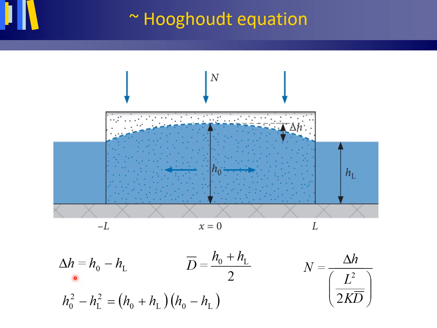Define the convexity delta H as h0 minus hL and split h0 squared minus hL squared as shown here, and this will deliver this equation. This equation is a simplified version of the Hooghoudt equation, named after the Dutch hydrologist Simon Barend Hooghoudt.